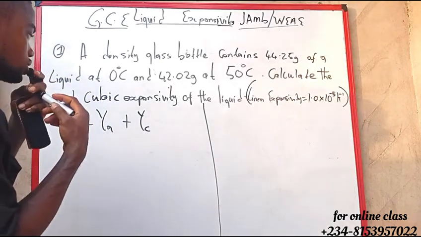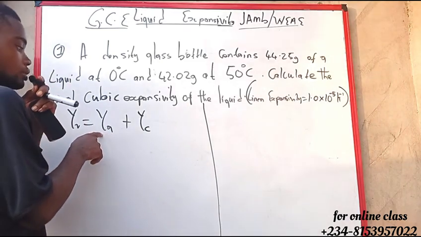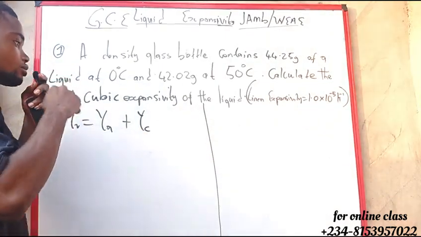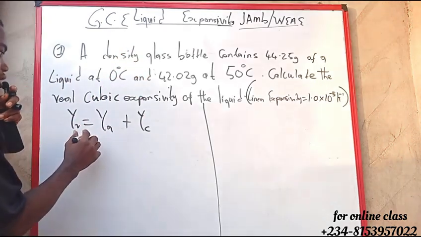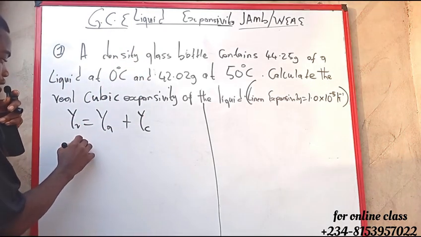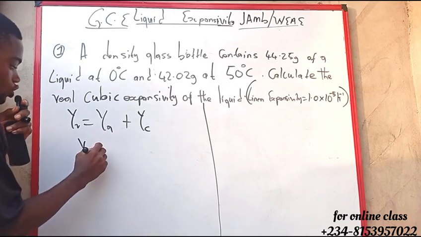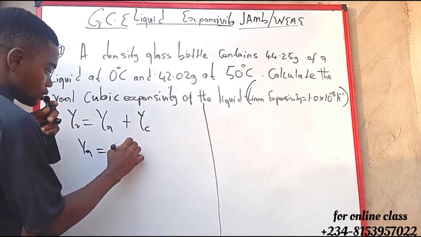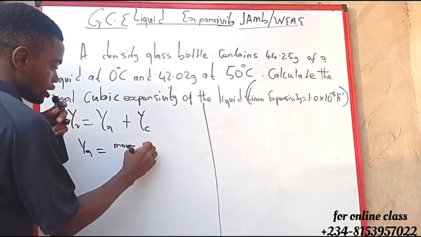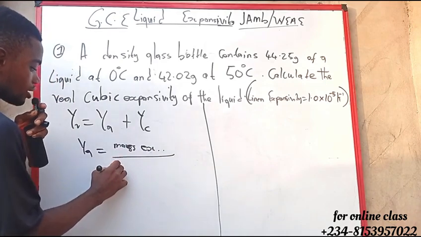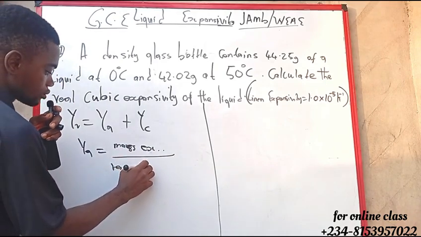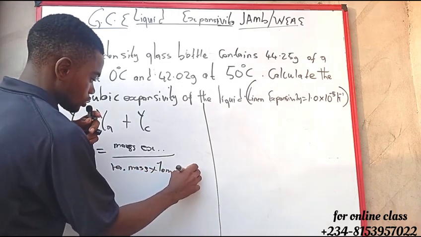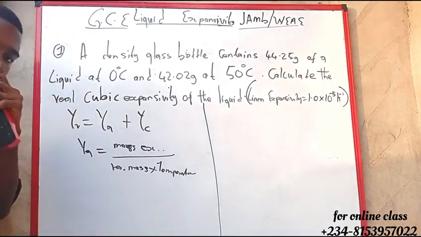However, if you look at this question, you don't even have your apparent cubic expansivity, and you don't even have the cubic expansivity of the vessel. But remember that your apparent cubic expansivity can be gotten by using the mass expelled over the remaining mass times the temperature change.